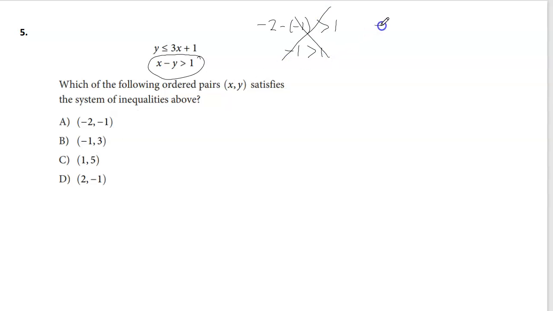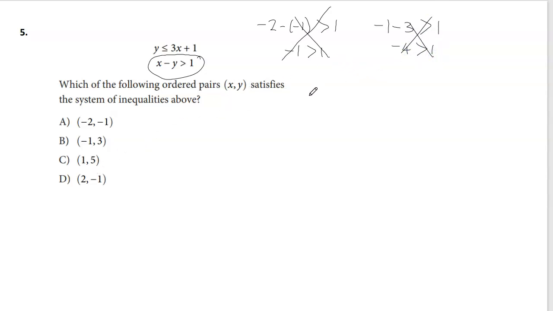Next one is minus 1, which is this x, and then minus 3, which is this y, is greater than 1. Is this true? We can see right away it's not true, because the left one will be minus 4. This is also not true.